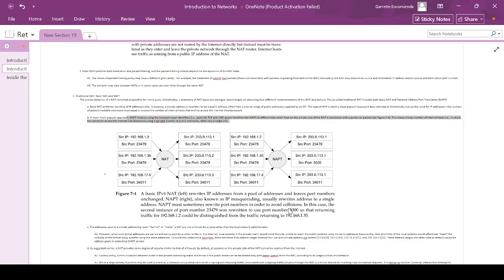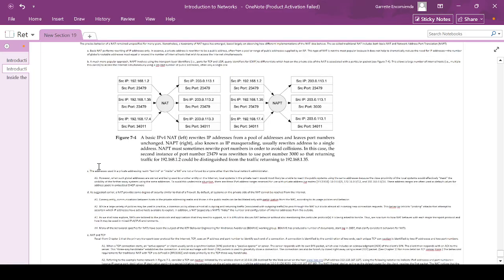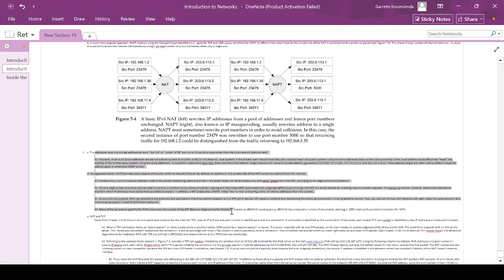To differentiate which host on the private side of the NAT is associated with a particular packet, this allows a large number of internal hosts, multiple thousands, to access the internet simultaneously using a limited number of public addresses, often only a single one. The addresses used in a private addressing realm behind or inside a NAT are not enforced by anyone other than the local administrator.